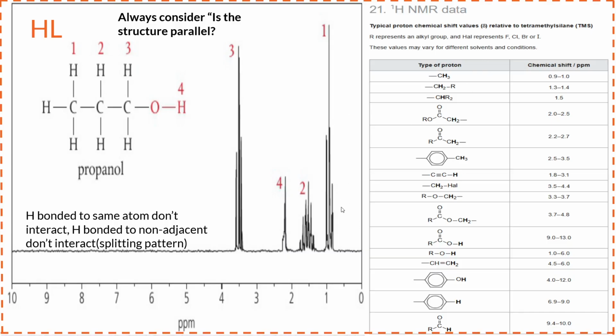There's a splitting pattern of 1, 2, 3, so it's going to be a triplet, and there's going to be 2 adjacent hydrogen atoms. And then typically on some other spectrums, you're going to be able to see the area under it, or you might be told the area under it. And if you didn't know what the structure looked like, that's how you'd be able to know how many hydrogen atoms there are in that environment.